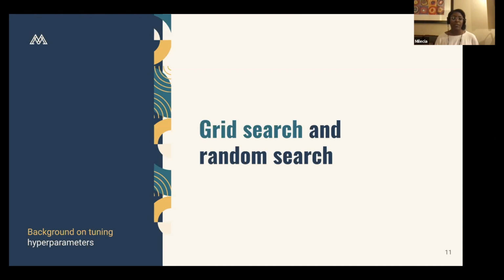Usually random search finds a better optimum than grid search in a similar amount of time, just because random search tests a wider range of values for you.